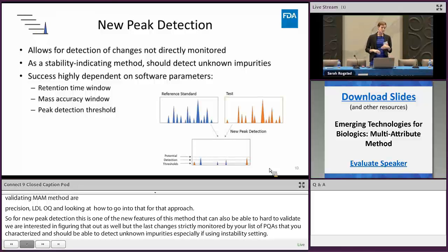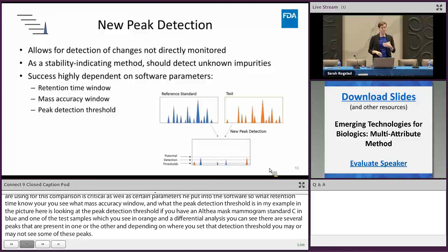If you set your detection threshold too low, you might see a lot of noise peaks that aren't really real changes. If you set it too high, you might miss real changes. So it's really critical to look at your instrument and at your product and work on your workflow to determine specifically for you what that detection threshold is.